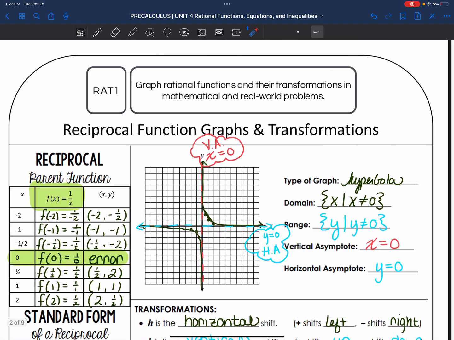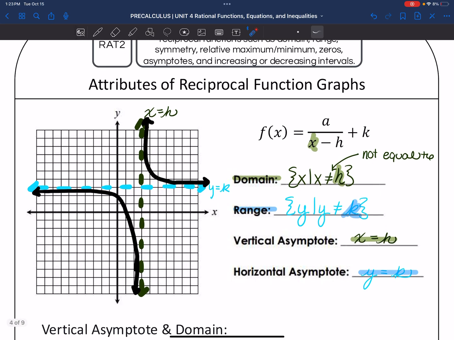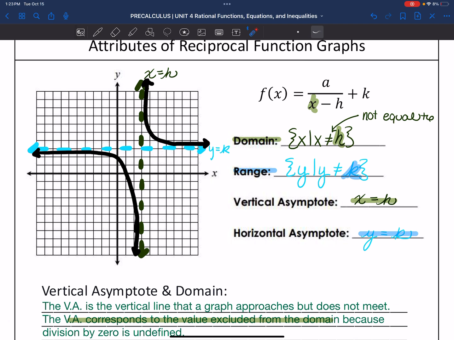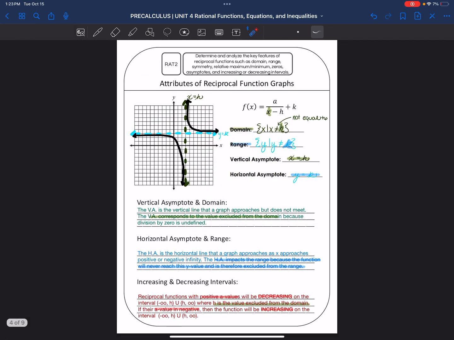That is true for your parent function and all functions when a is positive. But if your function flips and instead looks like this because of the a value, then it would always be increasing. So those are some key features that are true for reciprocal function graphs.